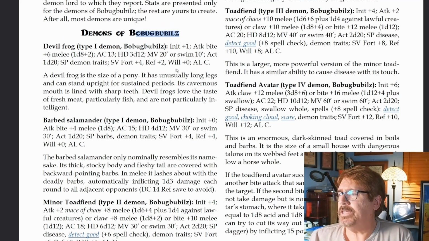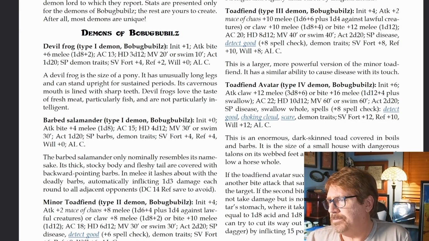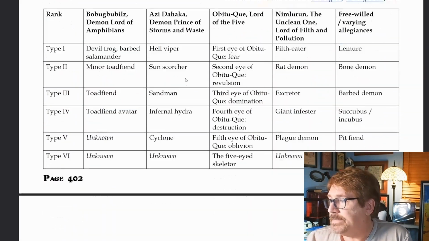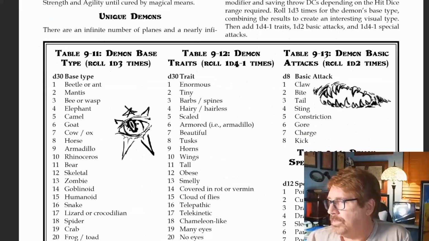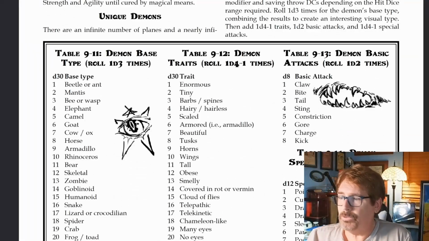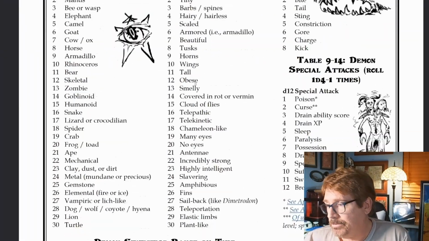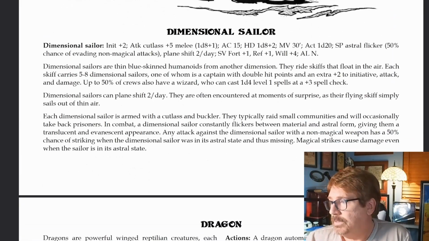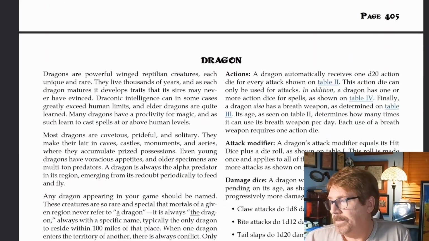So they customized the game for their campaign. This is a customized demon name for their campaign world. Interesting. Unique demons. So I guess you can create your own custom demons with their chart. Random demon chart, which is cool. And an optional extra here, dimensional sailors.